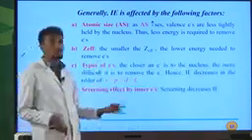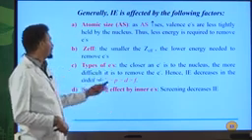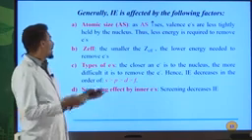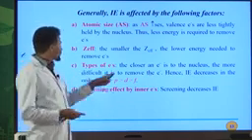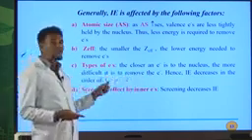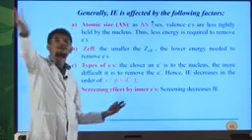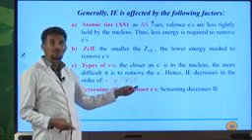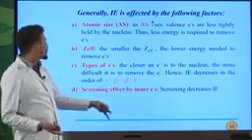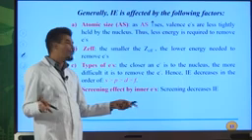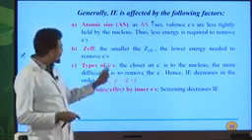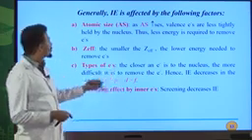The third one is the type of electron. You are familiar with this one. The s orbital is closer to the nucleus, so attraction increases. F is very far from the nucleus, so it is easy to remove an electron from the f orbital compared with the d orbital, and easier from the d orbital than the p orbital, and easier from the p orbital than the s orbital.